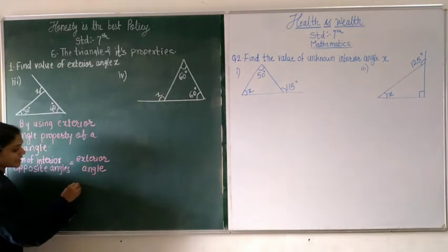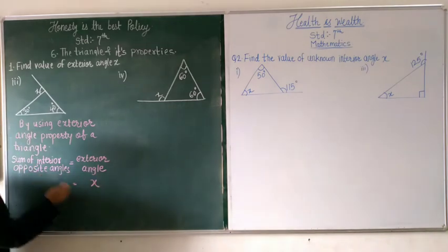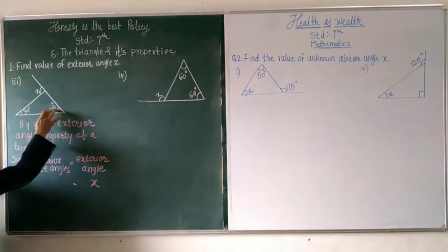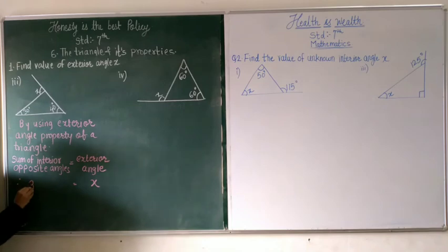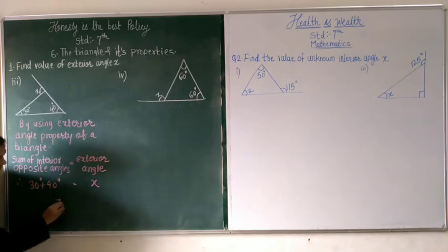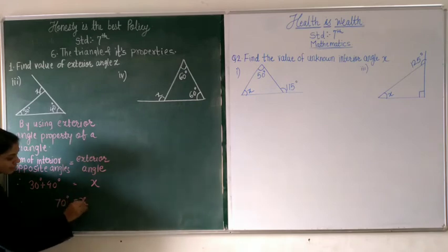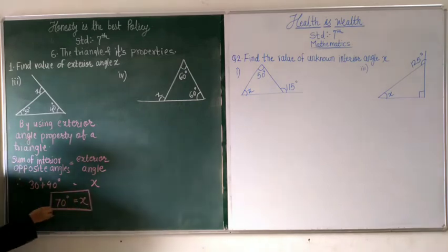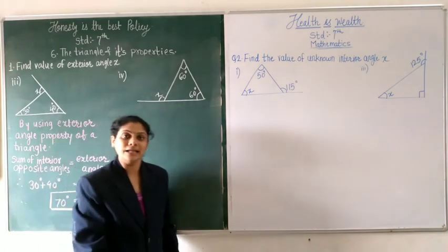So what is the exterior angle? It is x. And what are the interior opposite angles? 30 and 40 degrees. Therefore 30 degree plus 40 degree is equal to 70 degree, which is equal to x.